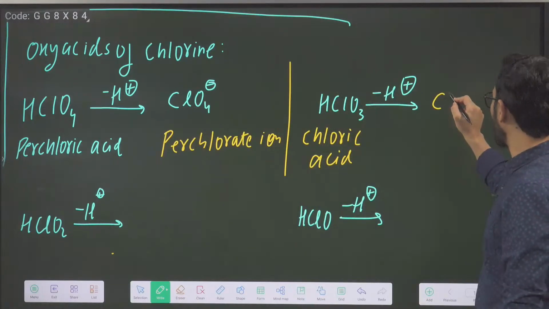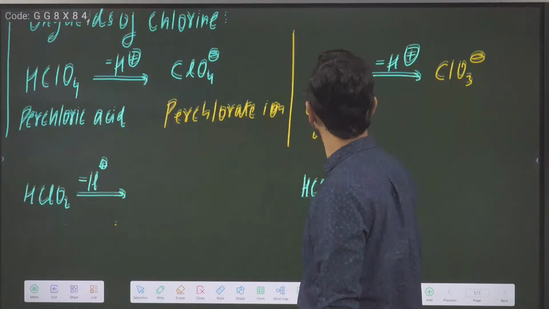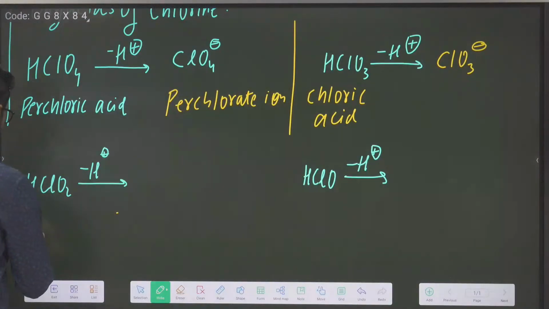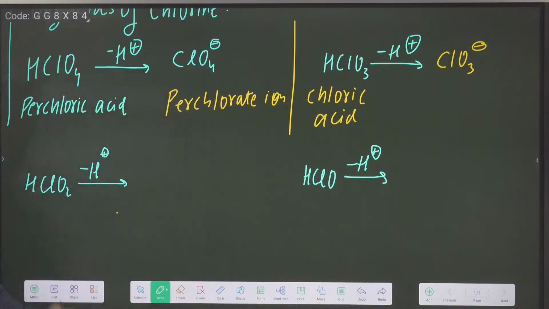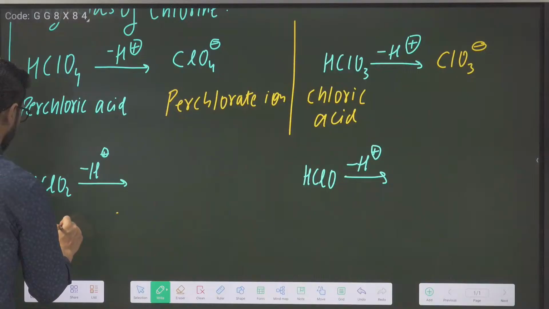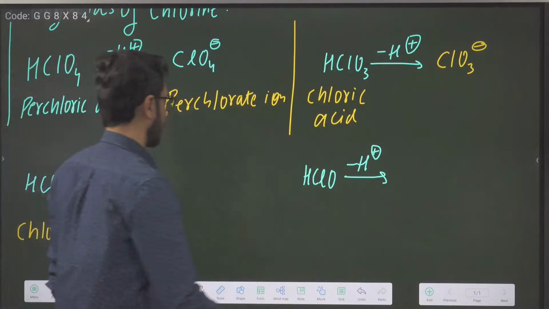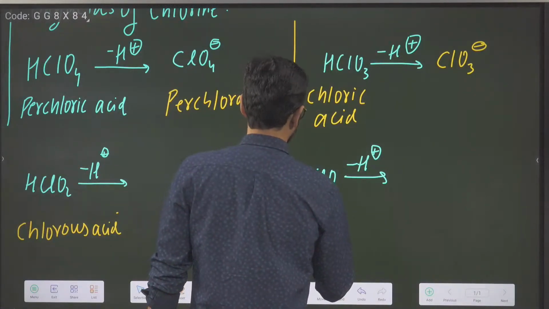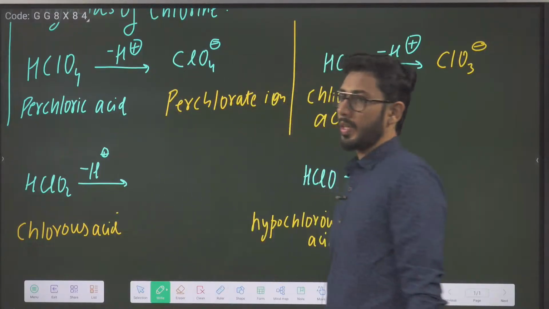Write down the names of the other one also, ClO3 minus. Write down the structure as well as name.